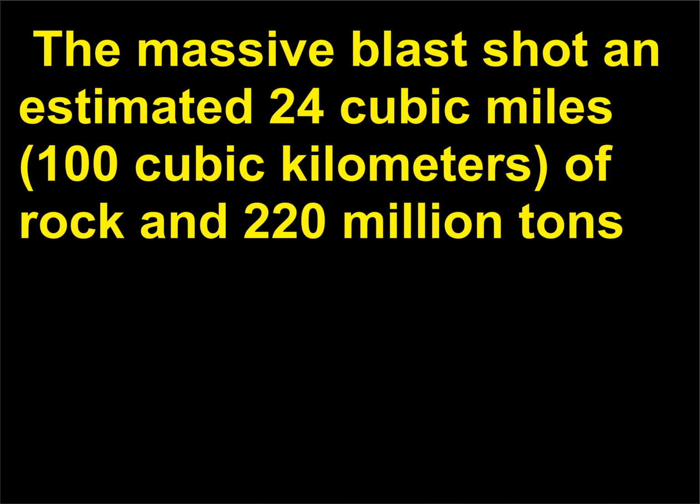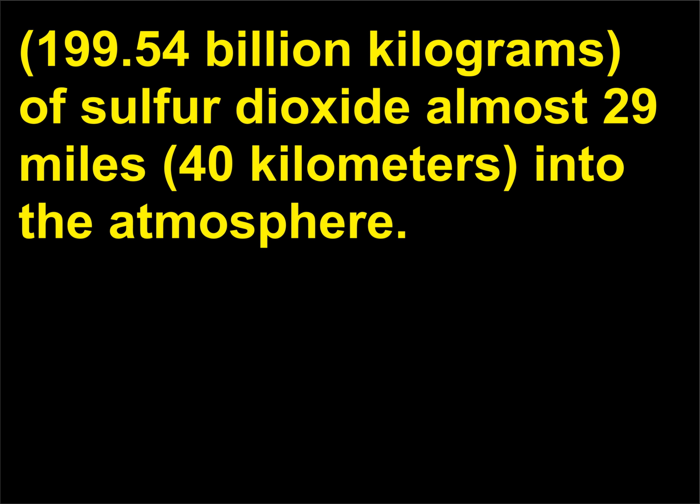The massive blast shot an estimated 24 cubic miles, 100 cubic kilometers, of rock and 220 million tons, 199.54 billion kilograms, of sulfur dioxide, almost 29 miles, 40 kilometers, into the atmosphere.